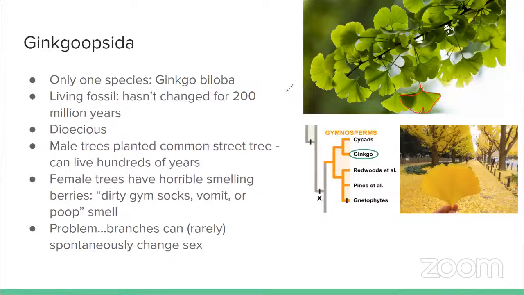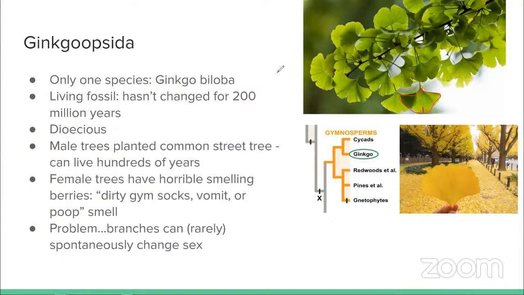Okay. So the problem here is that urban planners are not totally stupid, right? They're like, okay, it's fine. It's only the female tree that smells horrible. We'll just plant male trees. It'll be fine. Okay, which they do. So they take mature trees that they can tell what sex they are. They take branches and they graft them onto rootstock, basically making clones of the original tree.